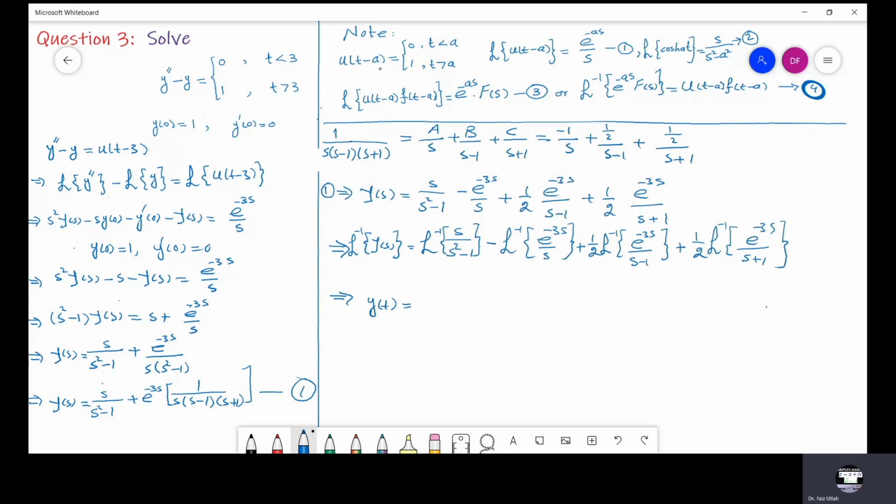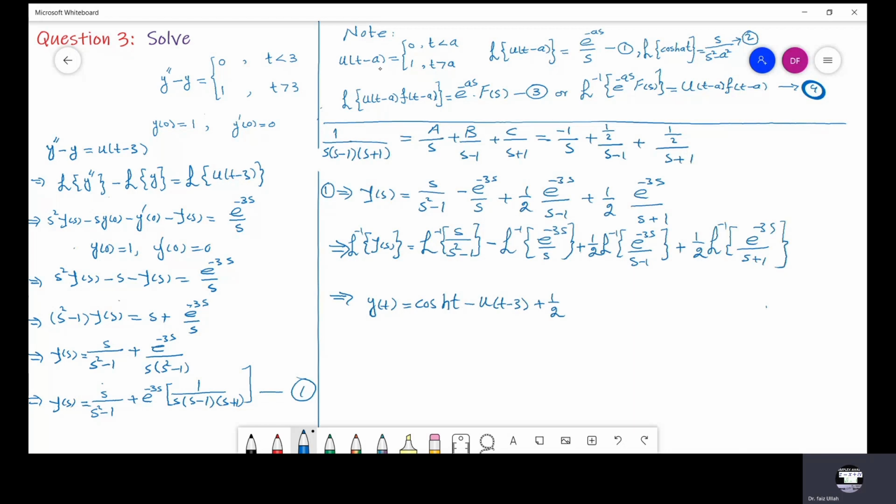Now look at formula number 2. According to formula number 2, inverse Laplace transform of s over s square minus 1 is cos hyperbolic t minus, according to formula number 1, inverse Laplace transform of e power minus 3s over s. This is u of t minus 3 plus 1 over 2. And now we are using formula number 4.